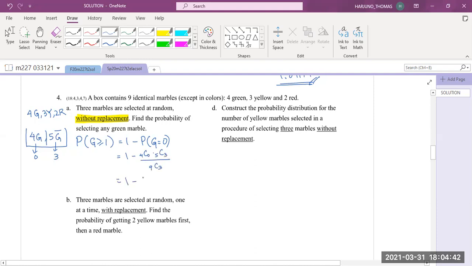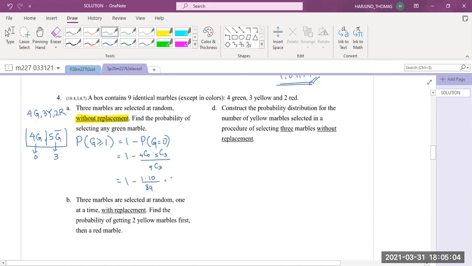That's 1 minus 1 times 10, over 9 choose 3, which is 84.